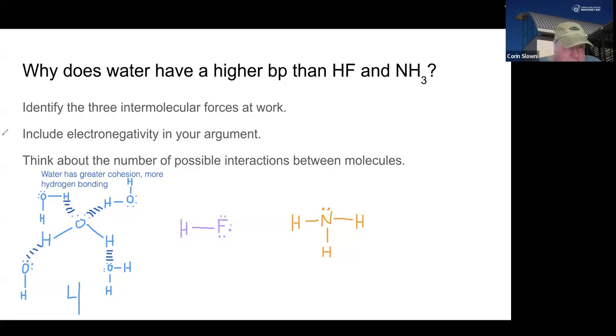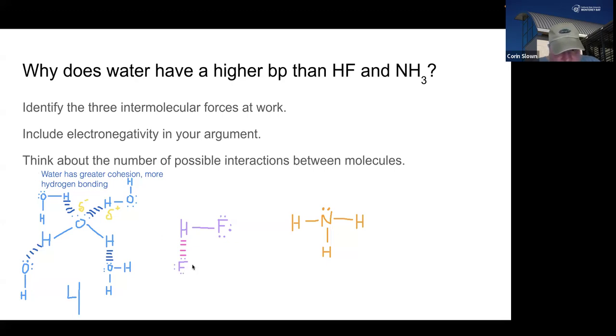The hydrogen has the partial positive, so we can label that. Oxygen has the partial negative. So if we think about this, that's one of the distinctions.